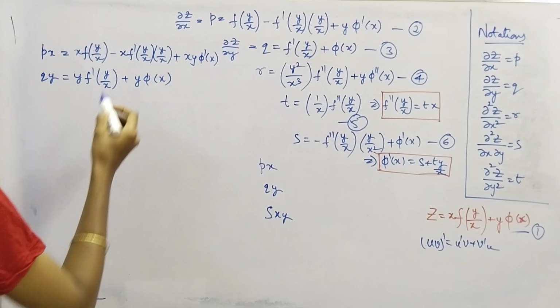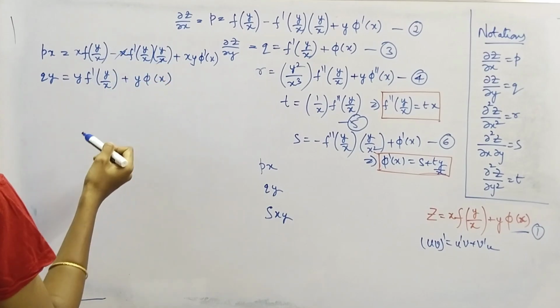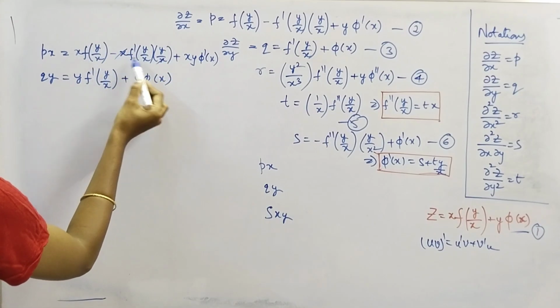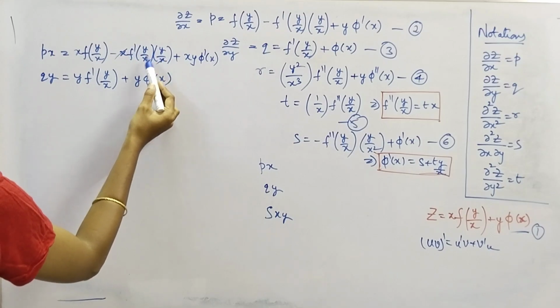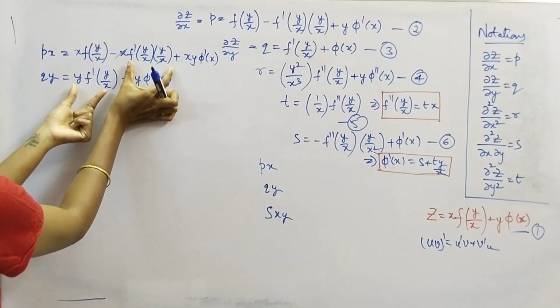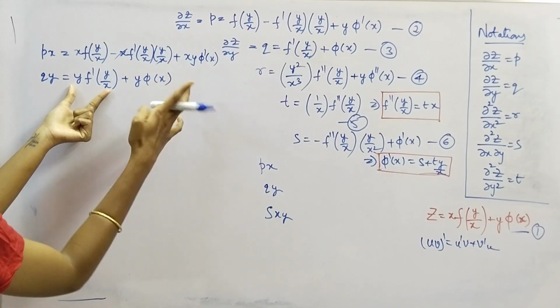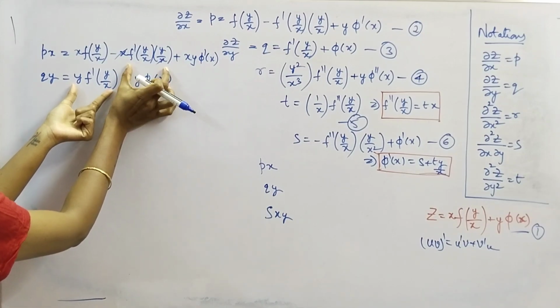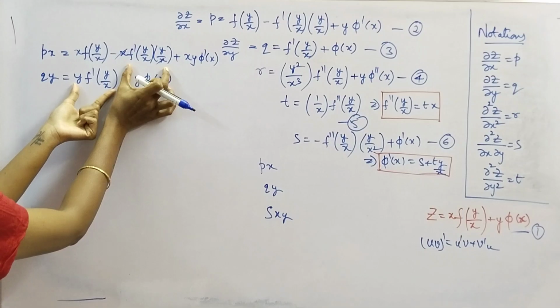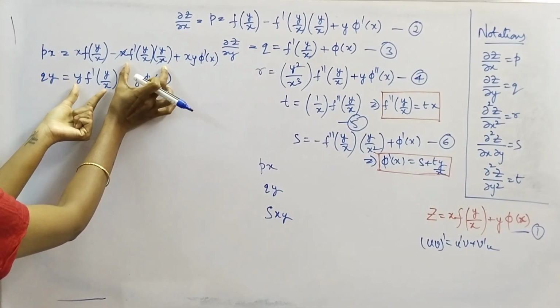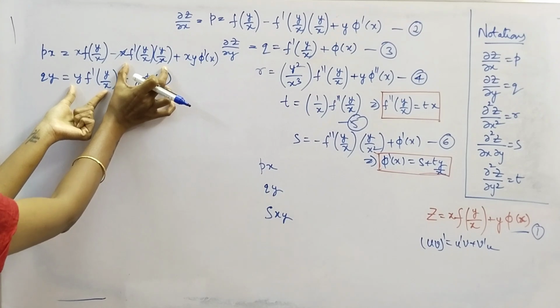Okay, good. Here this x and x get cancelled, then p equal to x into f of y by x minus y into f dash. See, here you have minus f dash of y by x into y, and here you're having y into f dash of y by x. If you add px plus qy, you can cancel these two terms, right?